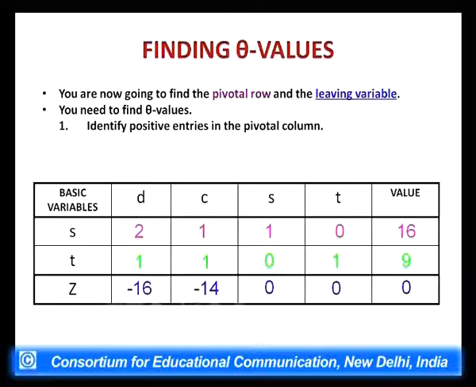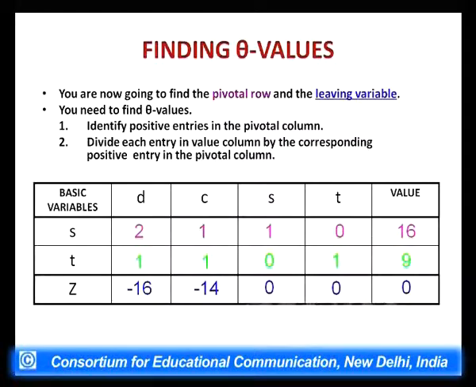The positive values are 2 and 1, and the corresponding values in the last column are 16 and 9. We'll divide 16 by 2, we'll divide 9 by 1, and these values are called theta values. Finally we divide each entry in the value column by the corresponding positive value in the pivotal column.